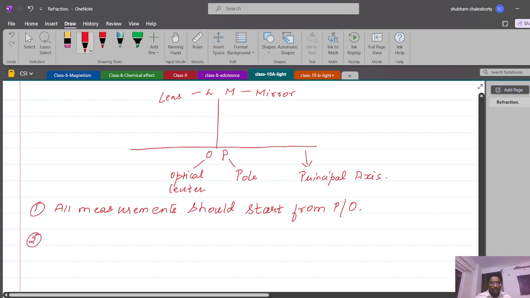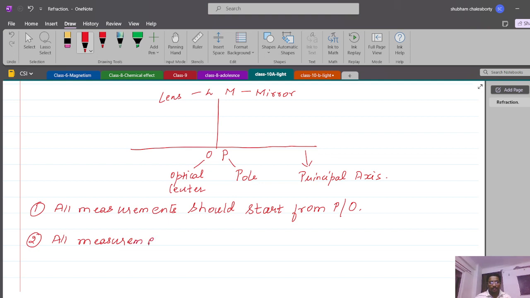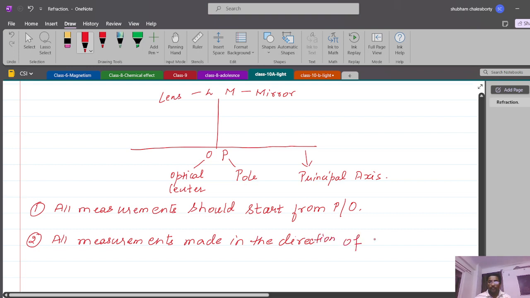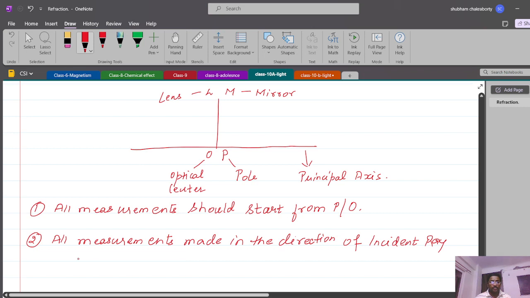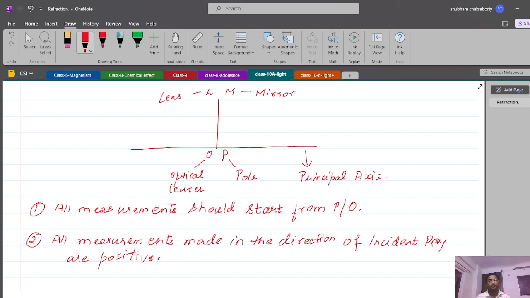And the second rule says all measurements made in the direction of the incident ray are positive, which means the rest are negative.